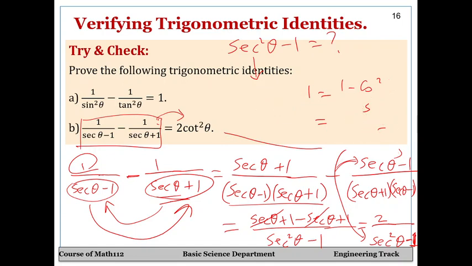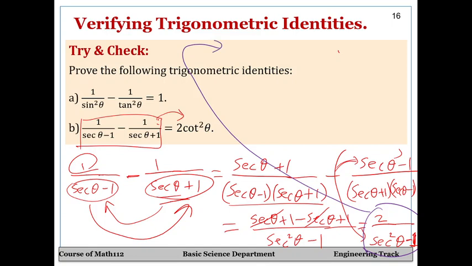Okay, I will keep doing it from here: 2 over secant squared minus 1. If you don't remember anything about this, go for the basic identities, like 1 over cosine squared.